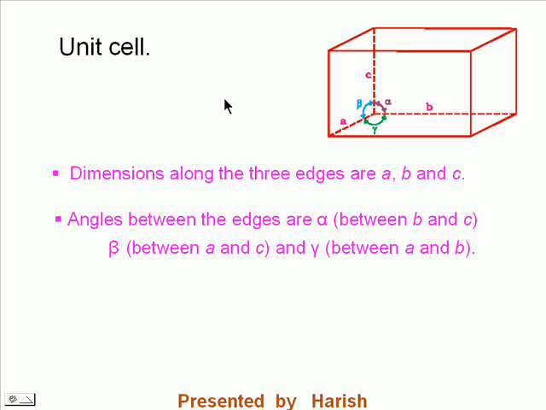What is a unit cell? A unit cell is the smallest group of atoms which represents the whole of the lattice, the whole of the crystal. This unit cell upon repetition over the 3 dimensions produces a lattice. This is the smallest structure with which we understand and analyze the whole crystal.